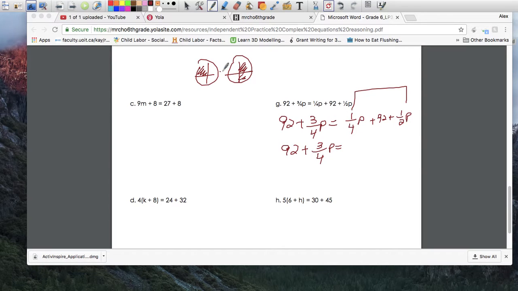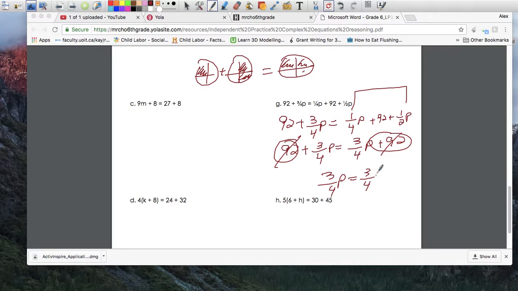So if I add this plus this, I should get 3/4. So writing it again, 3/4 p plus 92. I combine the like terms. Now I know that this 92 and this 92 is the same. Cross out, and I'm left with 3/4 p on this side and 3/4 p on that side.